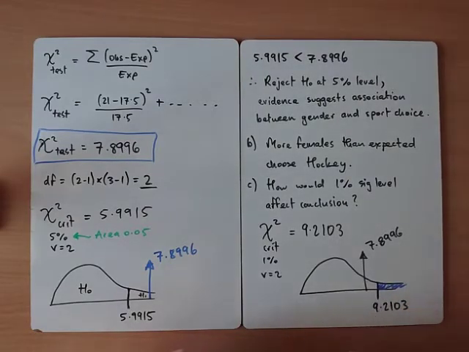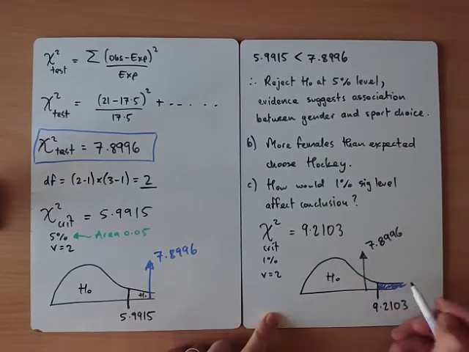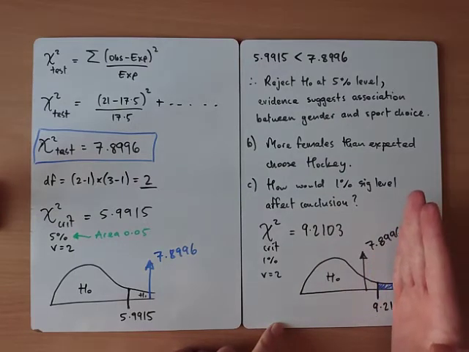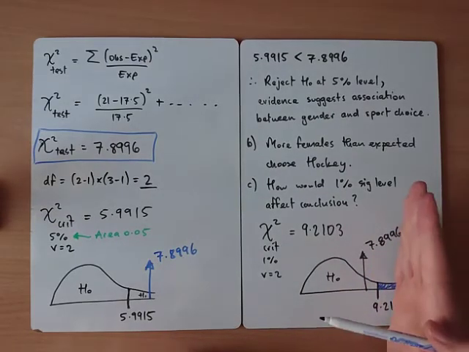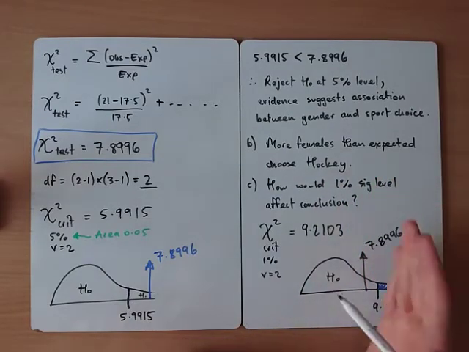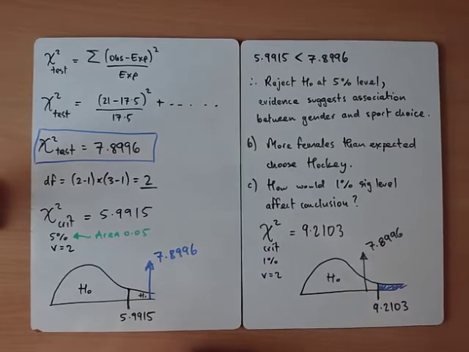So if this was a test at 1% significance level, our conclusion would be different. We'd still be in the H0 region. There's not enough evidence. We'd need to be all the way over there if we were going to go with H1. Because we're still in this region here, there's not enough evidence at the 1% level. So I'll show you what that conclusion would look like.